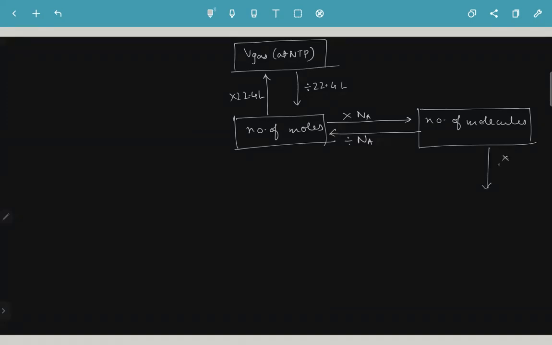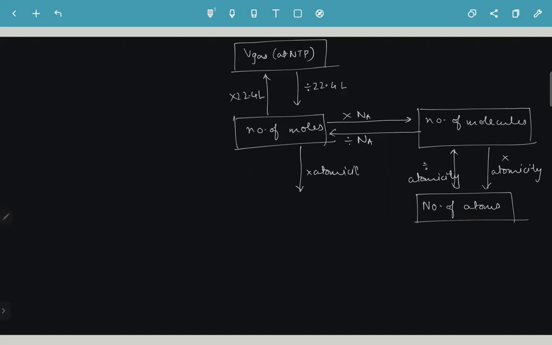Number of molecules into atomicity will give the number of atoms. Number of atoms divided by atomicity will give the number of molecules. Number of moles into atomicity will give the number of moles of atoms.